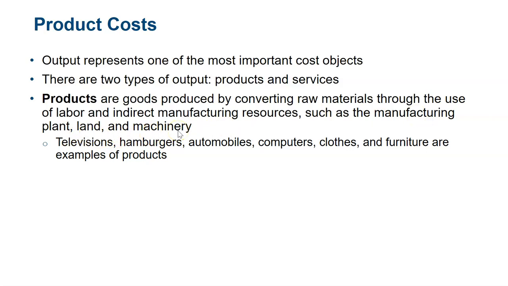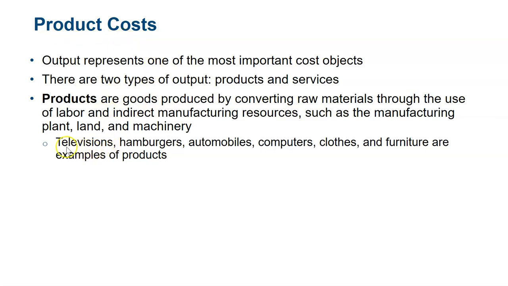So basically what this slide is telling us is that any cost that is incurred simply because we are making a product is going to be a product cost. So any cost that goes directly into this television or hamburgers, even if it's an indirect cost, if that cost is being incurred because we are producing a product, it is going to be a product cost.